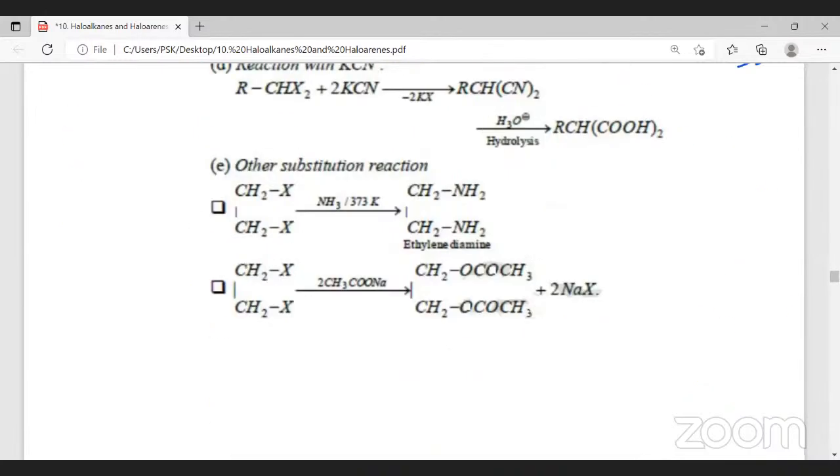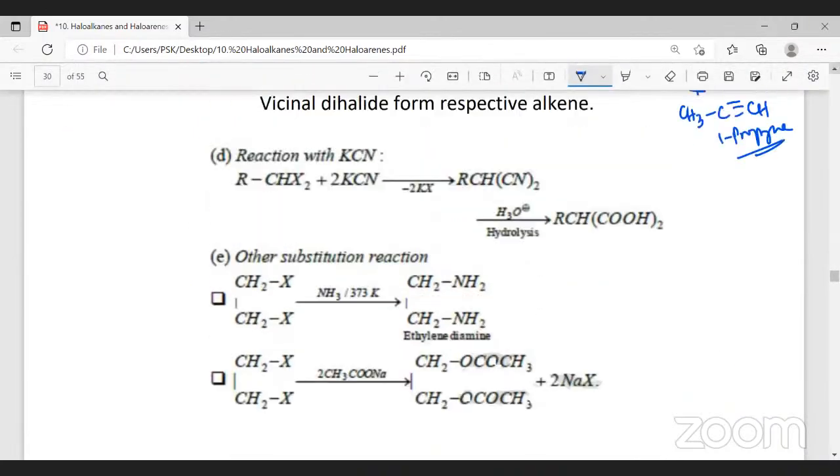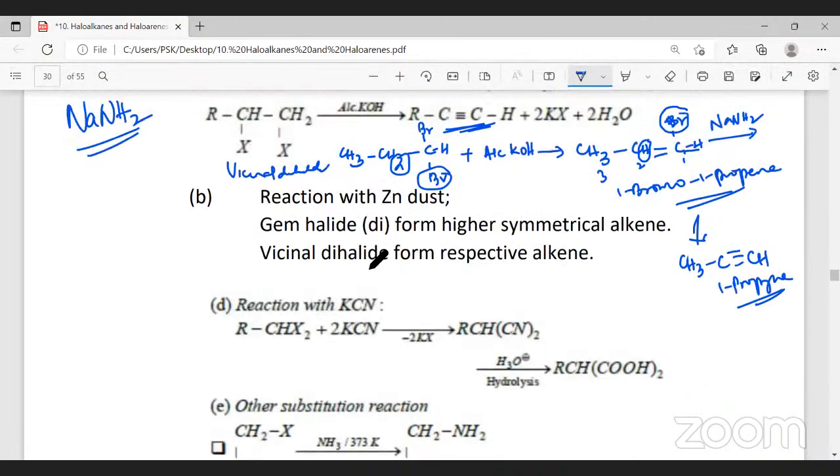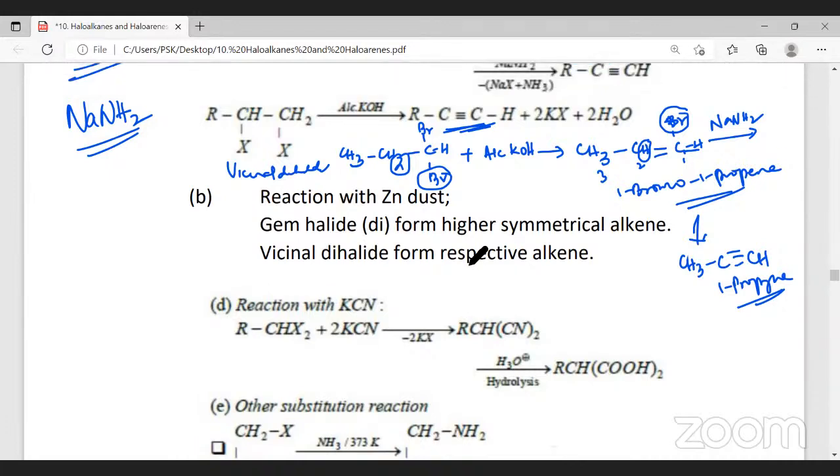The next reaction is the reaction with zinc dust. Geminal dihalides form a higher symmetrical alkene, and vicinal dihalides form the respective alkene. So geminal dihalide forms a higher symmetrical alkene.